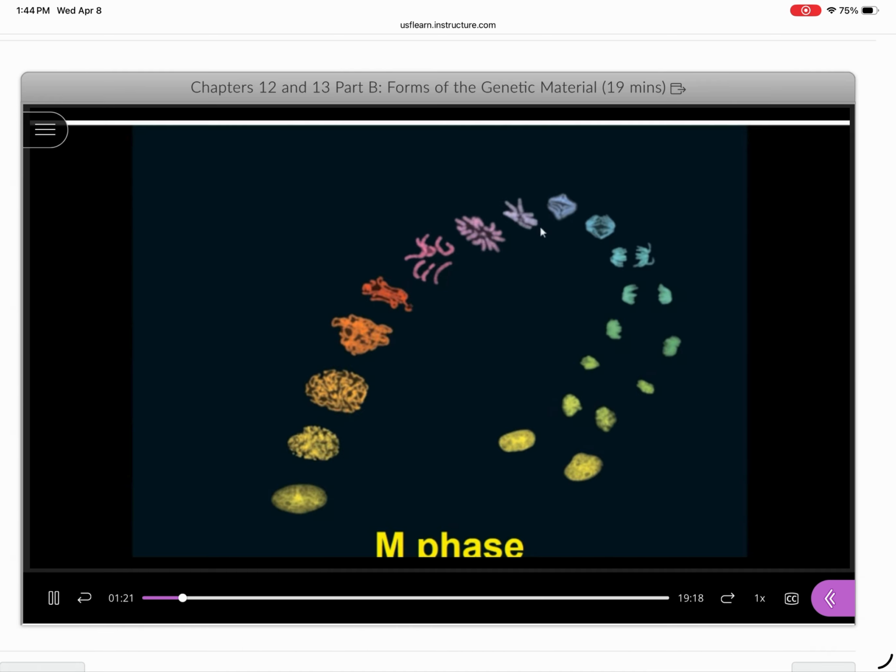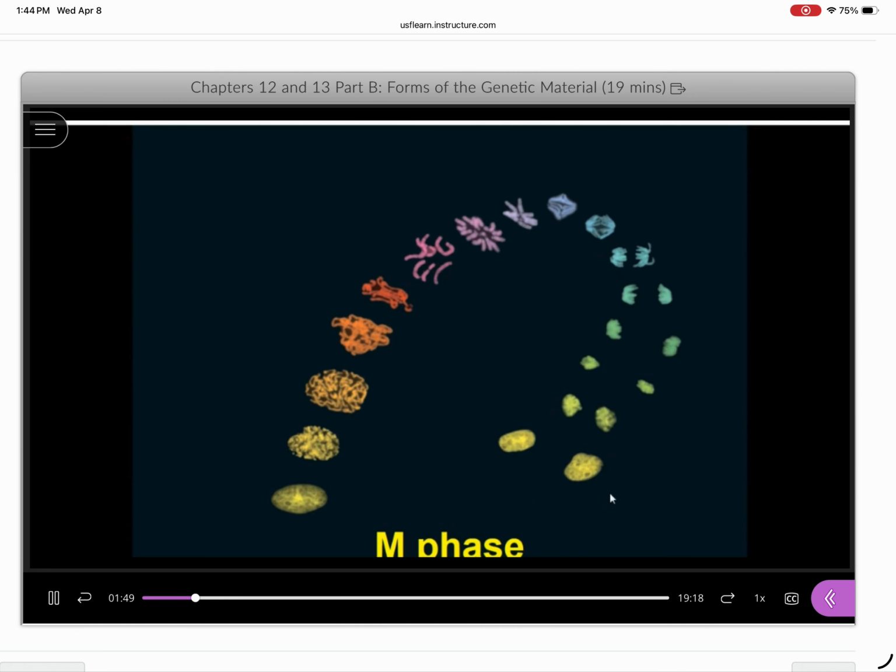You can see mitosis going on here. And now I don't know what that is, just some fuzz. And so we end up with a nucleus again, although a smaller one, maybe about half as large as it was to begin with.